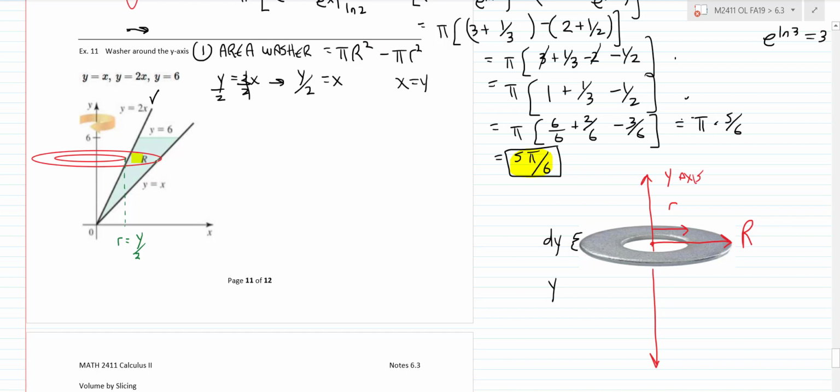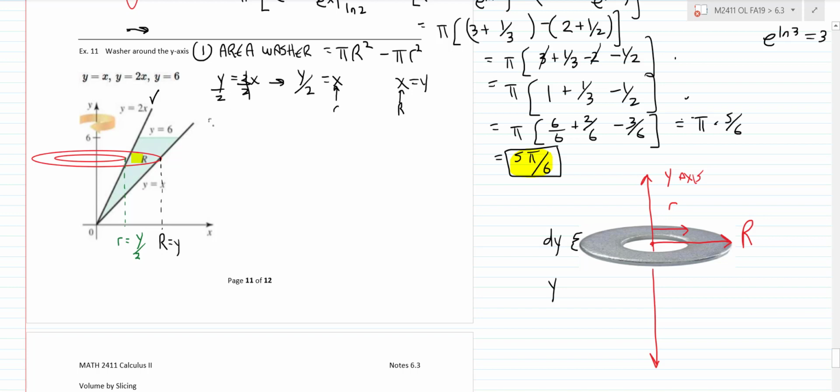So this radius right here is going to be represented by the x value, which is given as y. So capital R is going to be y. Basically you're using these equations, but what they give are x values. That's really the big R, and that's really the small r.